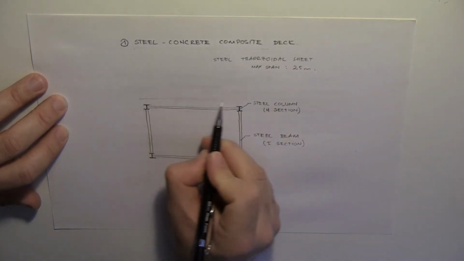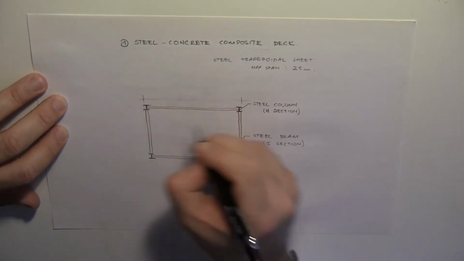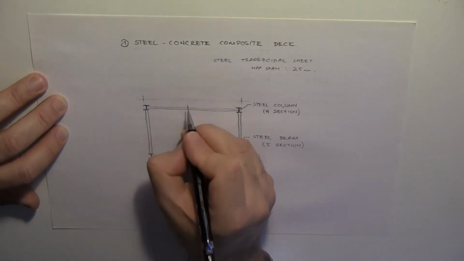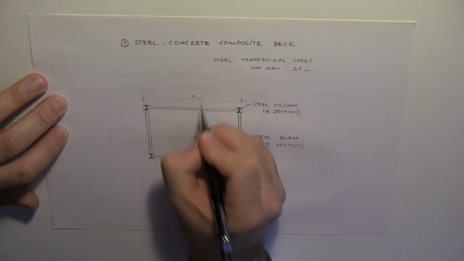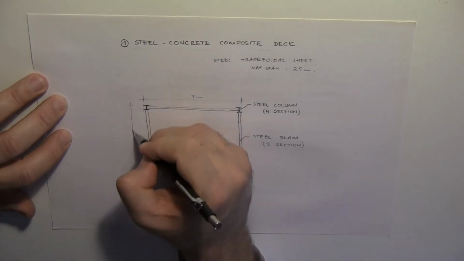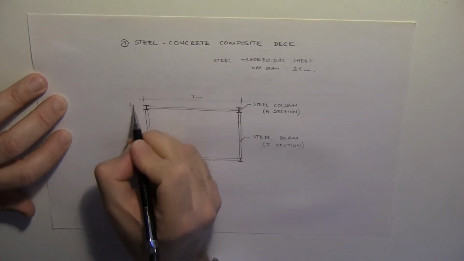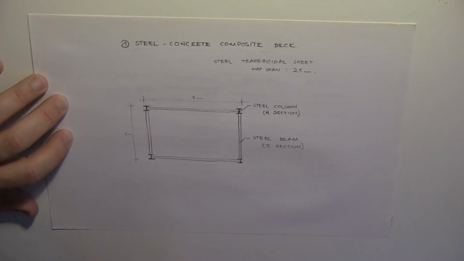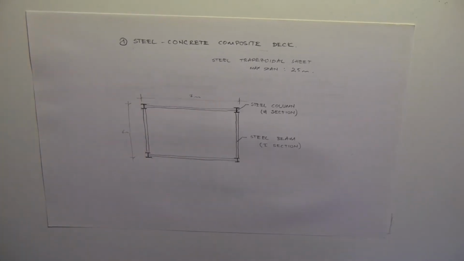And let's assume that the distance from column to column here is 7 meters. And let's say that in the other direction the distance is around 6 meters. Okay, I know that ratios or proportions are not saying that, but let's believe in that one.